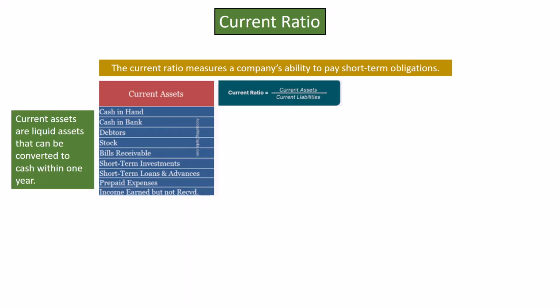These are all some of the things that will be considered as current assets because these can be liquidated within 12 months. That's the reason it is called current assets.